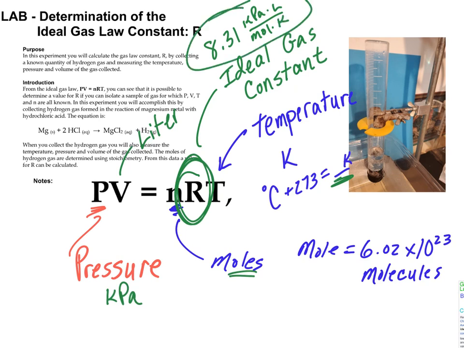So that's the ideal gas constant using these units, and we're just going to do it in one unit and try to see if we can come up with that exact value experimentally.